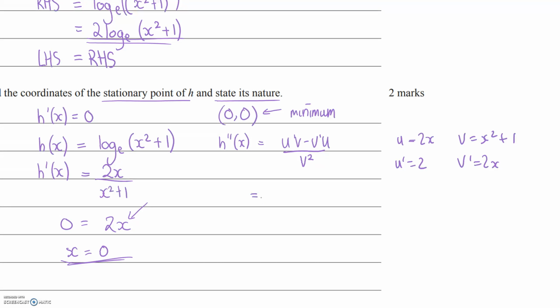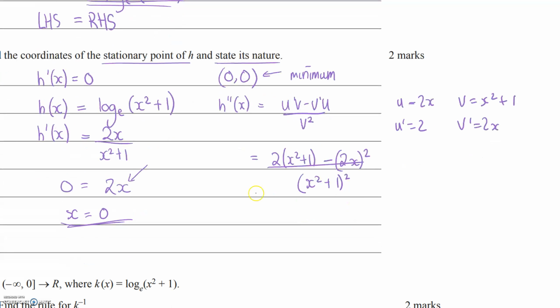And so we're going to get u dash v, so 2 times x squared plus 1, take v dash, which is 2x, times u, which is 2x. So we get that all over v squared, so all over (x squared plus 1) squared.